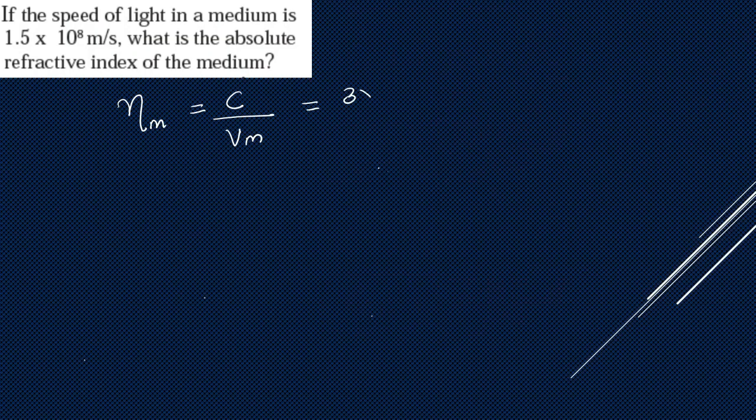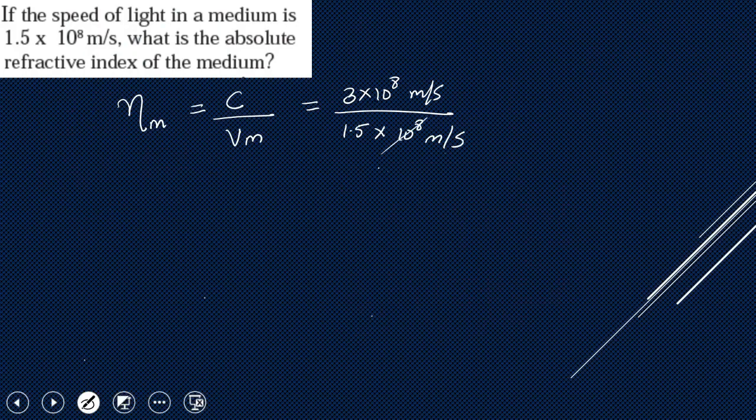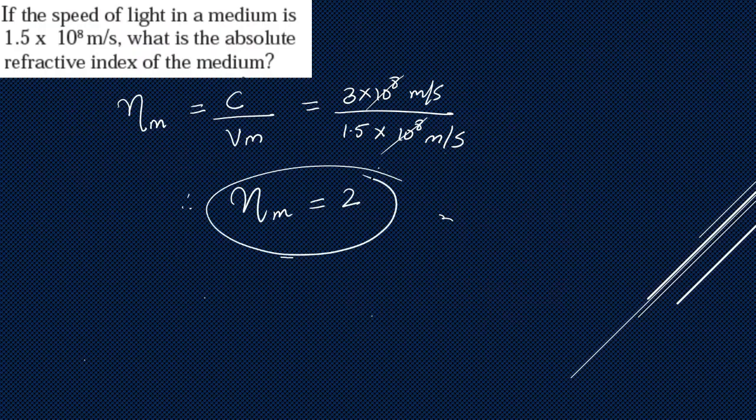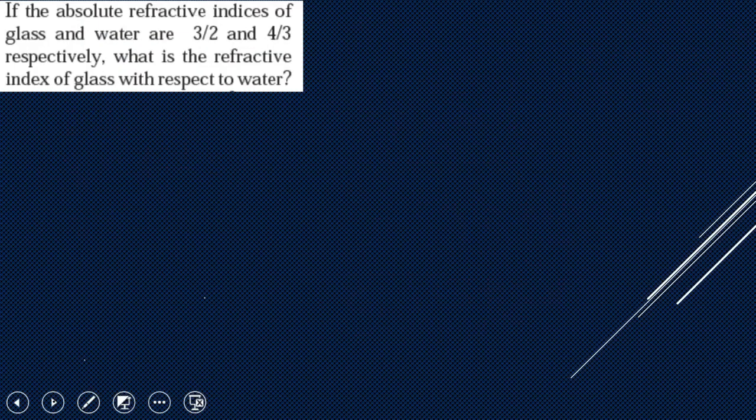In vacuum, we know it is 3 into 10 to the power 8 meter per second, and velocity of light in this medium is given as 1.5 into 10 to the power 8 meter per second, right? So 10 power 8, 10 power 8 cancel, 3 divided by 1.5, hence the refractive index of that particular medium will be 2. Understood?